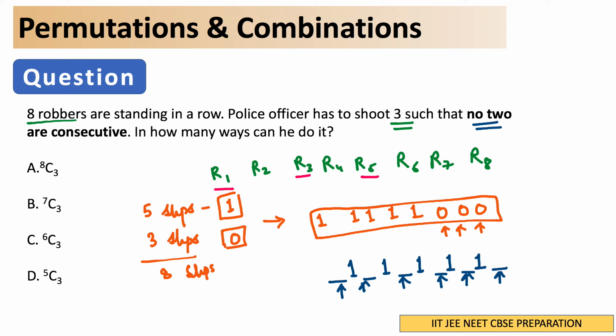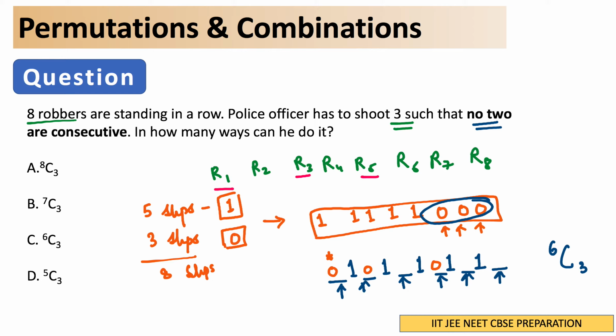And now we have these 3 zeros, and we have to place these 3 zeros in these gaps. So how many ways can we do this? There are 6 gaps, select 3 of them, and you place the zeros in those. Suppose you place a 0 here, a 0 here, and a 0 here. Now if it was a question of arrangement, then you would have had to arrange these also, but zeros are the same, so you don't need to arrange them.